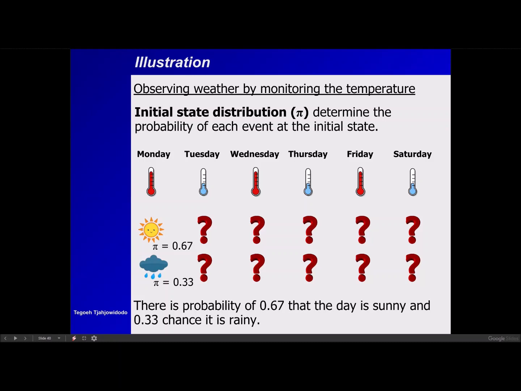Okay, so this value pi, the initial state distribution, determines the initial probability of the different states. So at this point, again, we have emission probability, transition probability, and initial state distribution.